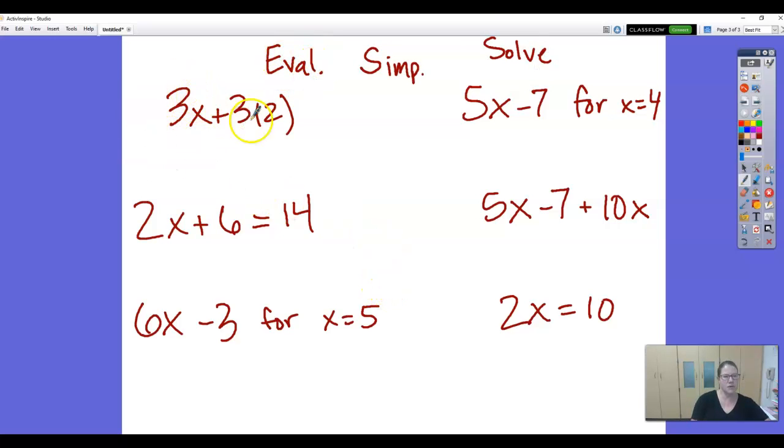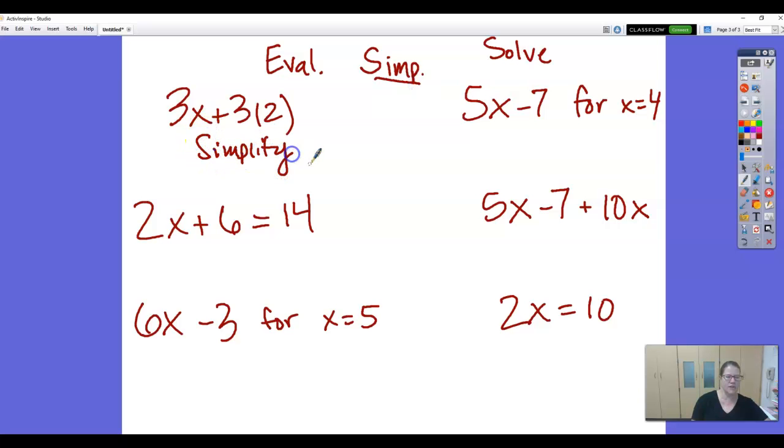So this first expression here, 3x plus 3 times 2, there's no equal sign, so I already know I'm not solving, right? I can't solve unless there's an equal sign in the equation. If I knew what x was, I could evaluate the expression with x equaling whatever number. But because it doesn't tell me what x equals here, the only thing I can do is simplify.